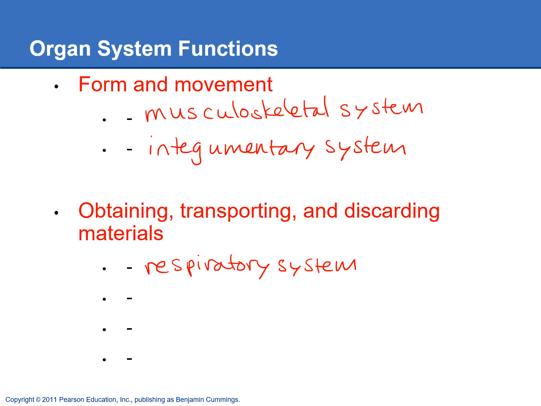And we also have our gastrointestinal system. Okay, getting the food and water in and then discarding things out the other end that you don't want, waste material. And then we've also got our urinary system.